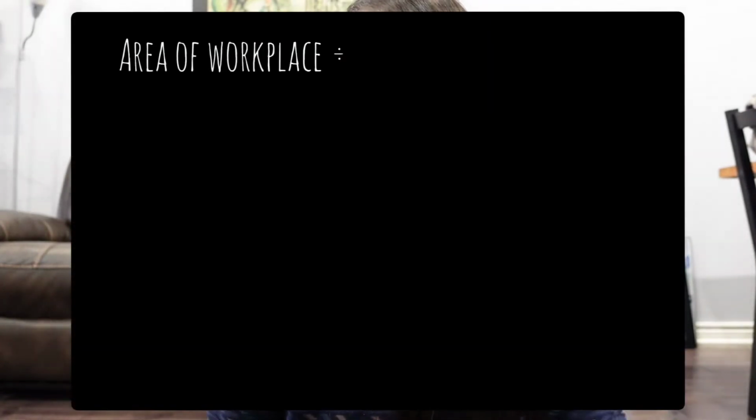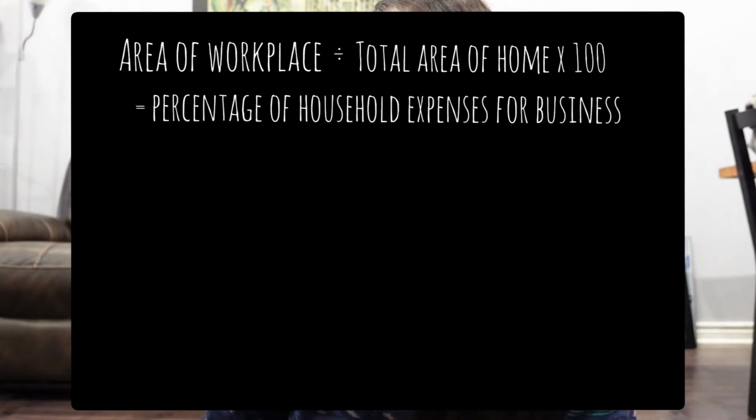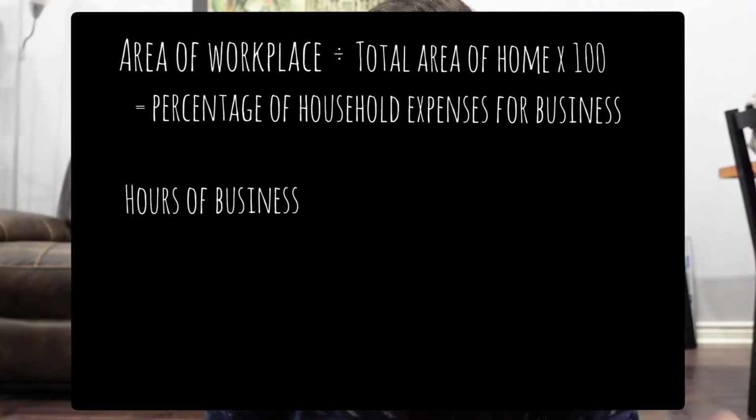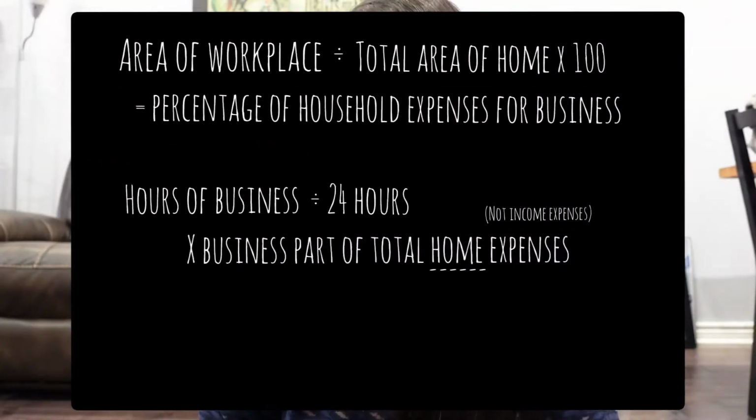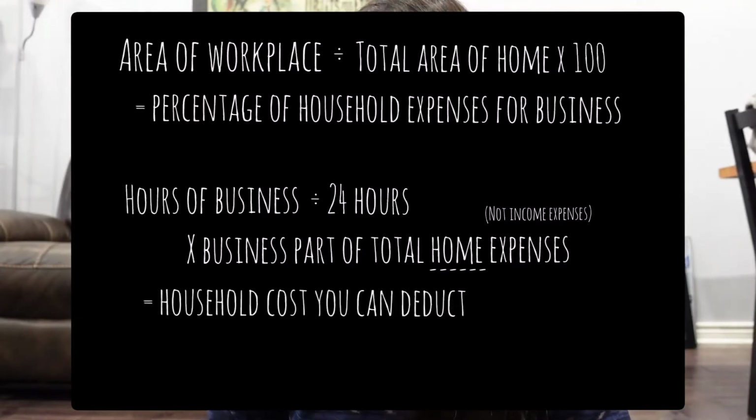As I mentioned before, you take the area of workplace divided by the total area of your home. And let's say if you use only part of your home for both your business and personal living, you can calculate how many hours in the day you use it for your business, divided by 24 hours, and multiply that result by the business part of your total income expenses. And that will equal your household cost, which is your deductible.